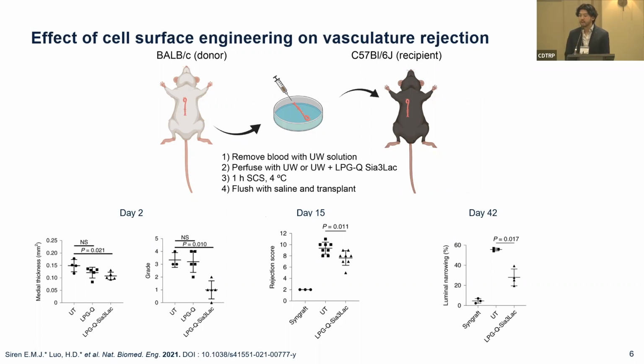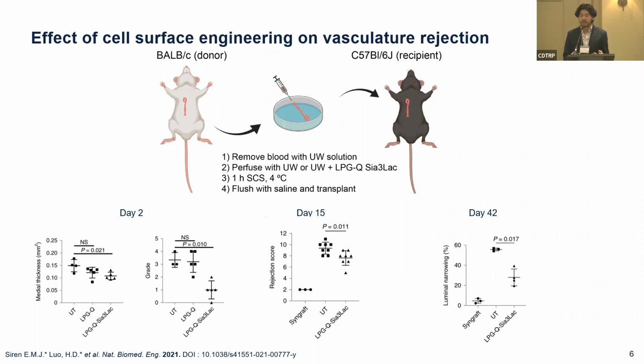And then at day 42, we did luminal narrowing compared to native artery tissue pieces. Through all 3 time points, we noticed that the presence of this polymer was able to improve the characteristics of the tissue after the transplant.